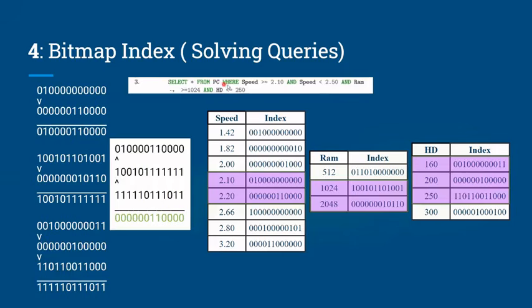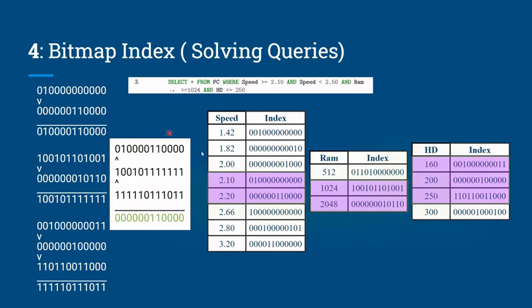Then here's our third query. Also considering range, but with more constraints. Speed greater than or equal to 2.10, so this one and whatever we have afterwards, but less than 2.50 strictly, so it would be up to this point only. We OR those together.